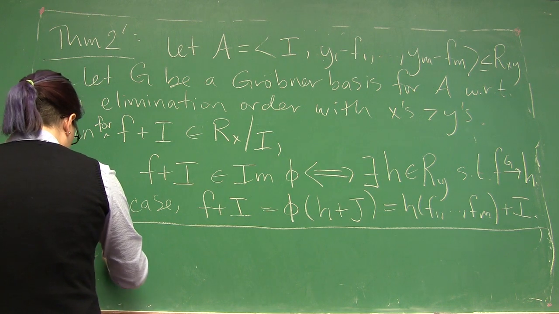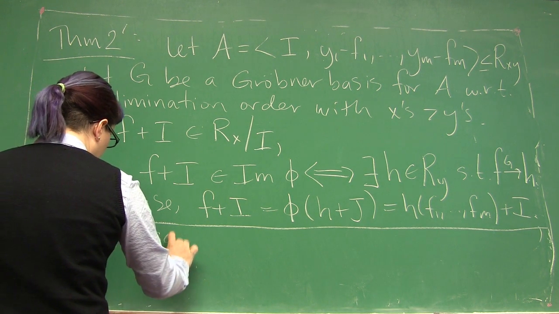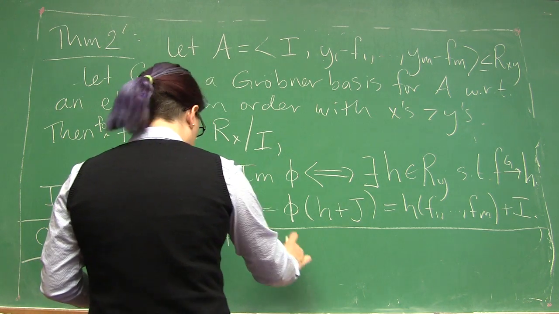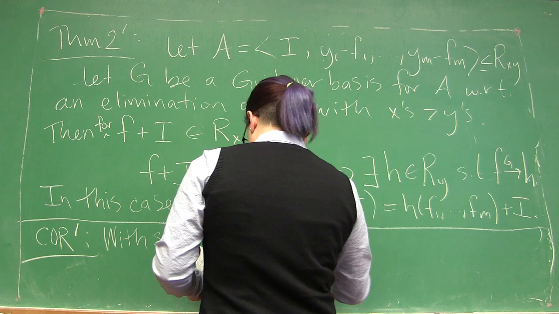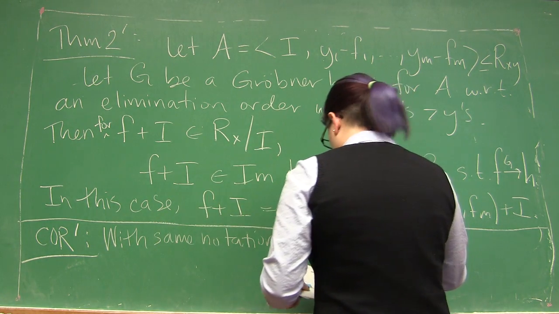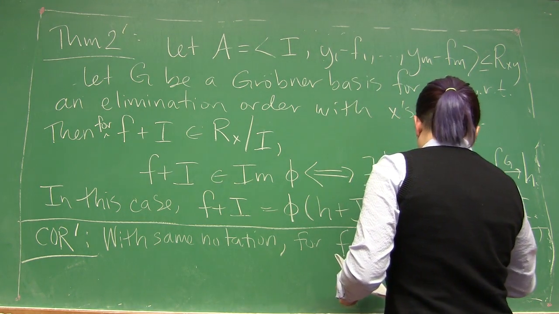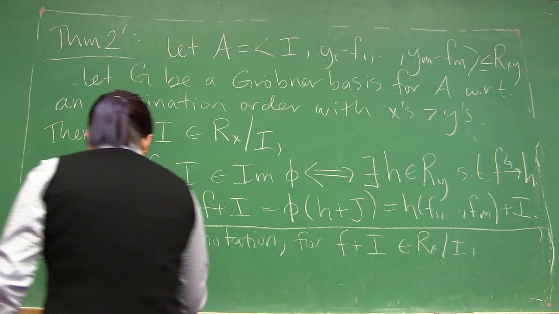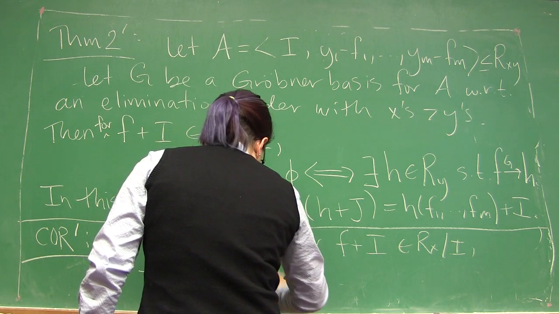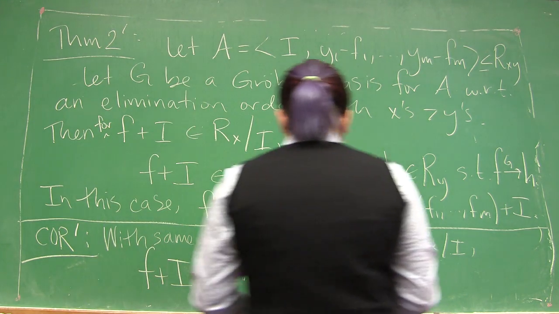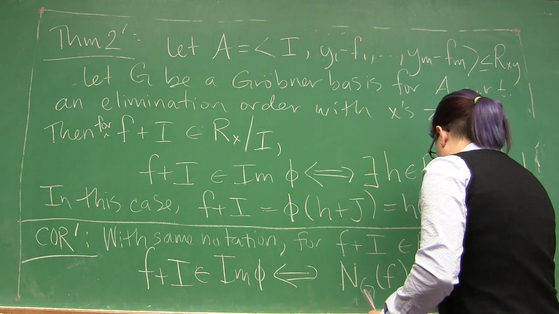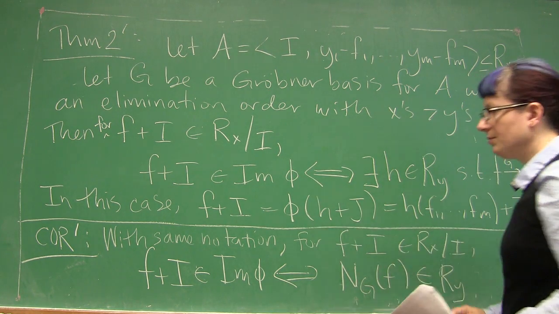So with the same notation, we have that for f plus I in our quotient ring, Rx mod I, f plus I is in the image of phi if and only if the normal form for f with respect to G is a polynomial in only y variables.